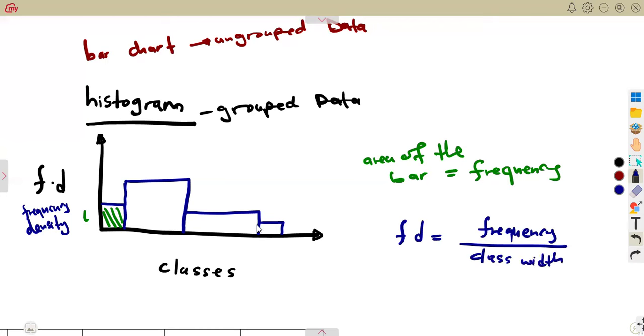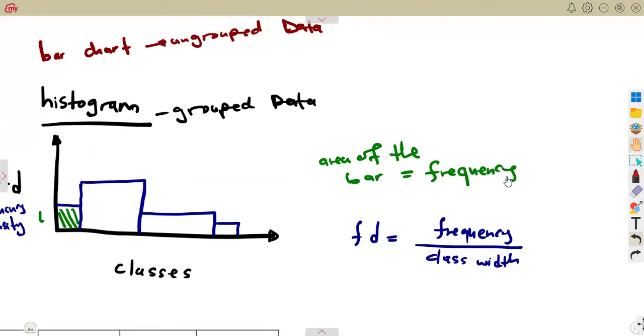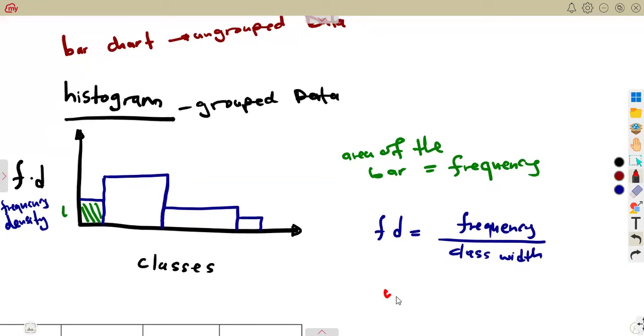Remember, I talked about this in the introduction of the grouped data, how to obtain the class width. Let me just write it this way: frequency over class width, in short.